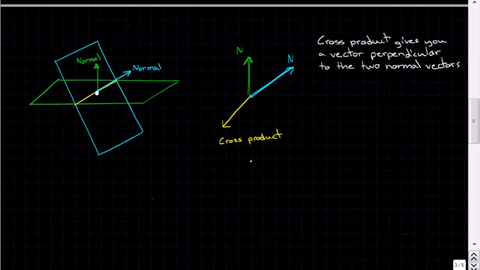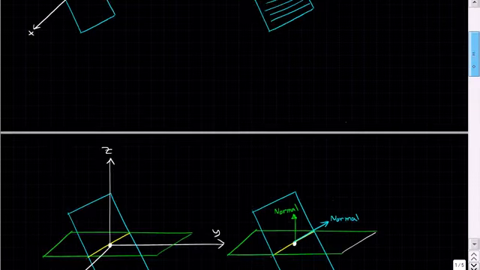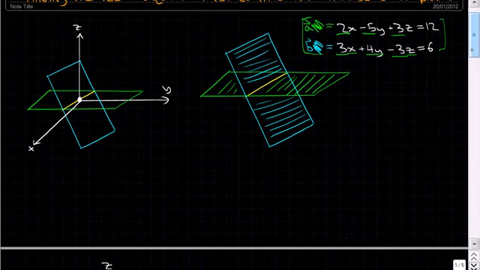So if we take the cross product, we've solved one of the requirements. We have that vector in the right direction. And then we only need to find a point after that, and we can actually do that by using the vector that we get. So let's start by calculating the cross product.